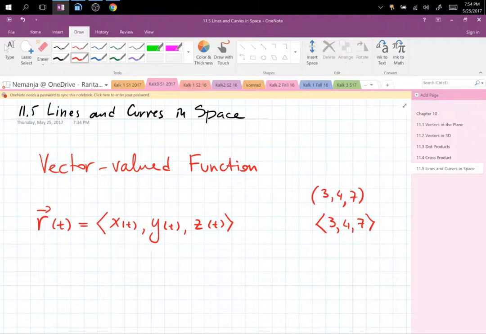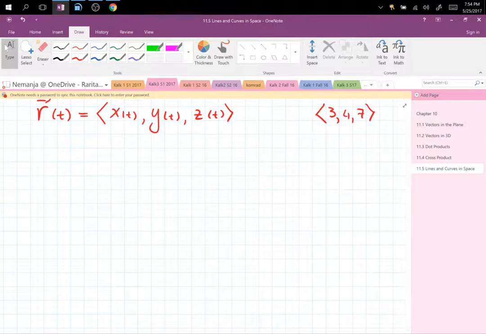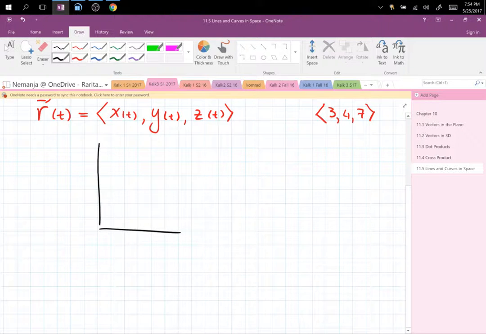So in a 3D space, I have a 3D coordinate system with good old x, y, and z.